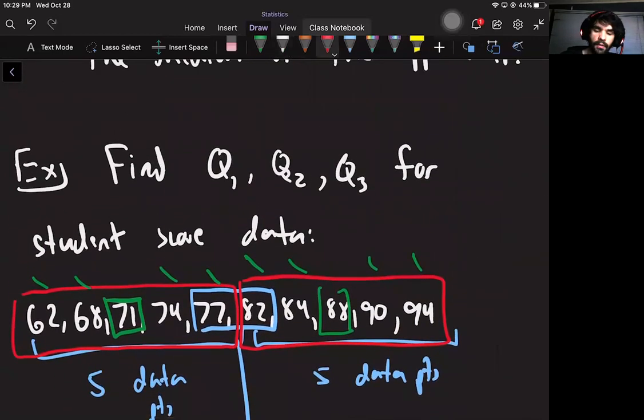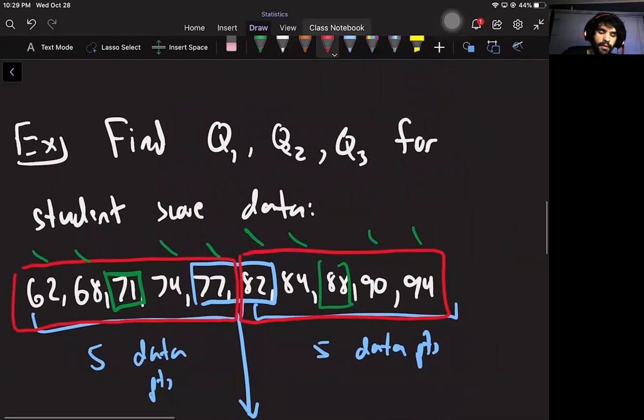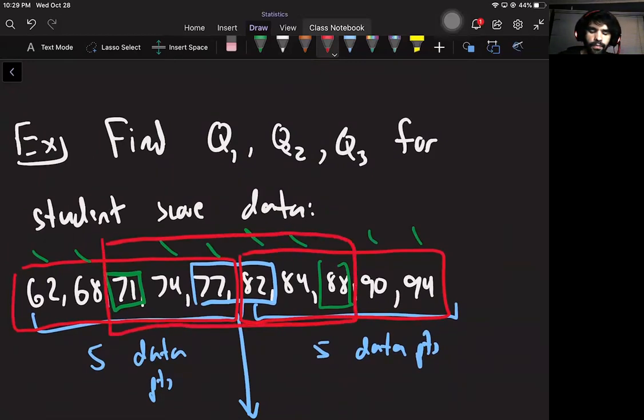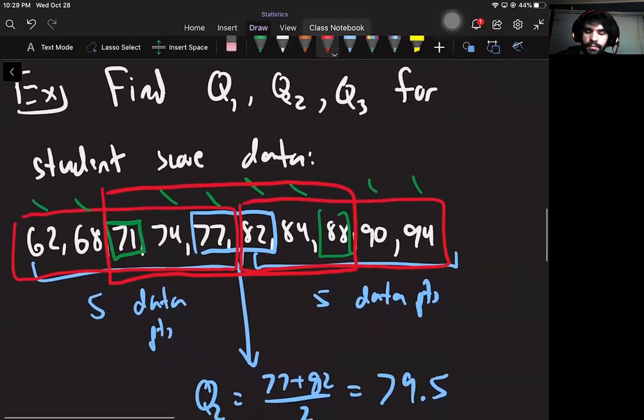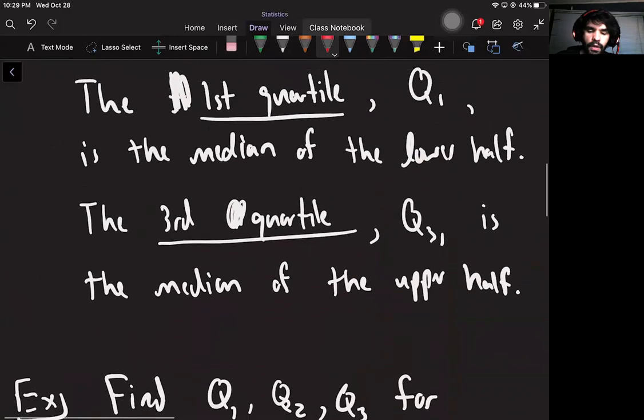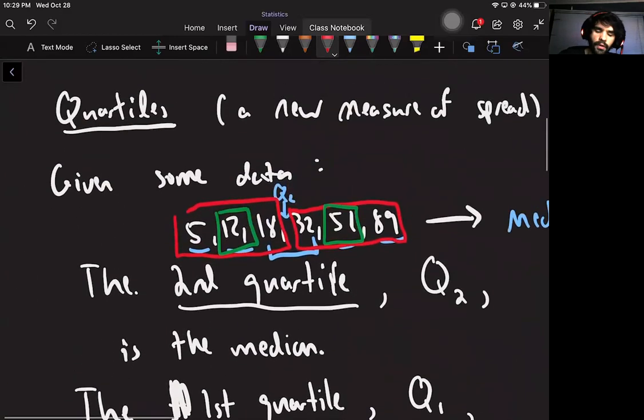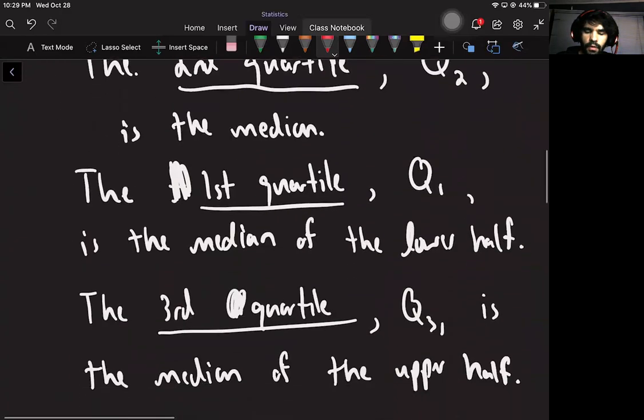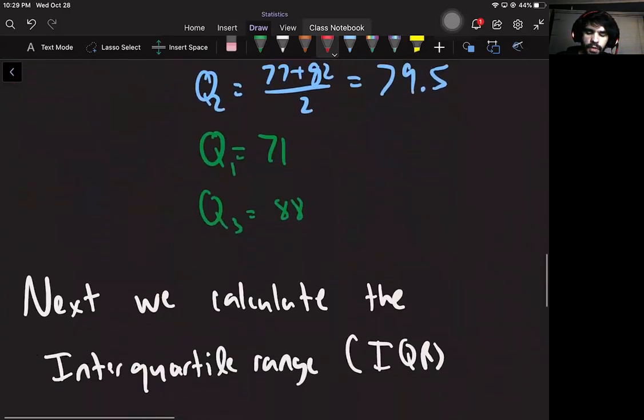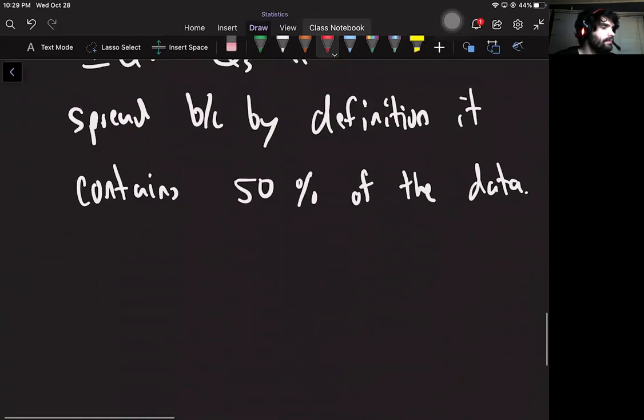We can see that here, this will always happen. If I go from here to here, from Q1 to Q3, there's always going to be 50% of the data in there, no matter what. Okay.